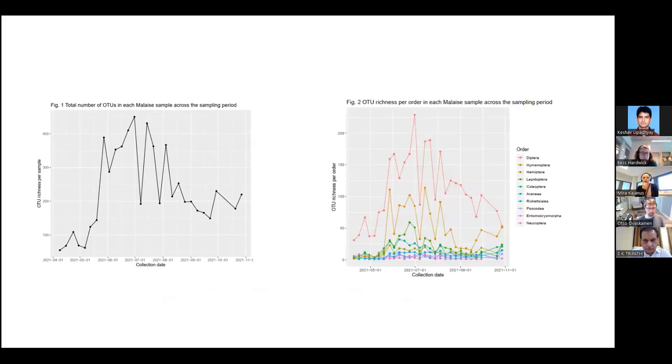And in the same figure, the OTU richness, meaning the number of OTUs in the sample, has been separated on the order level. So you can see which order, for example, Diptera, seems to be the most abundant, and also throughout the whole season. But here you could see if there's some variation between the seasons, between the different orders.